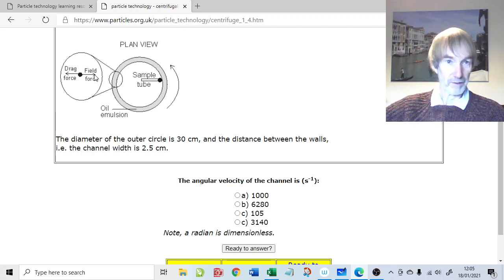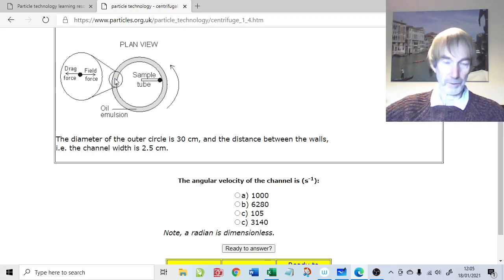There's an arrow there pointing inwards, and of course if it's moving in one direction, there's a drag force in the opposite direction. So essentially we're using Stokes' drag to oppose the body force inwards, which in this case is the weight, or mass rather, of the droplet times r omega squared.